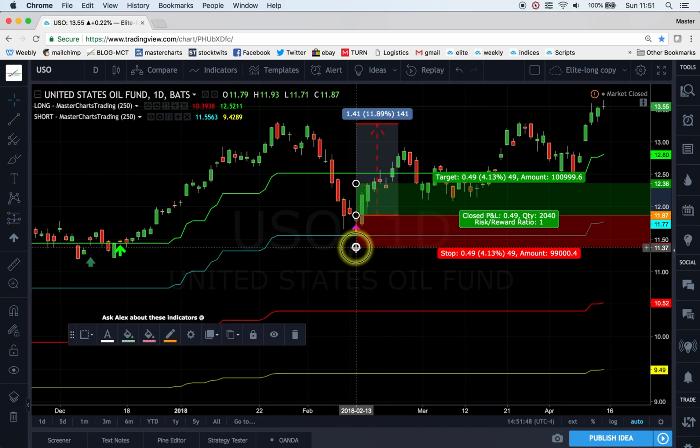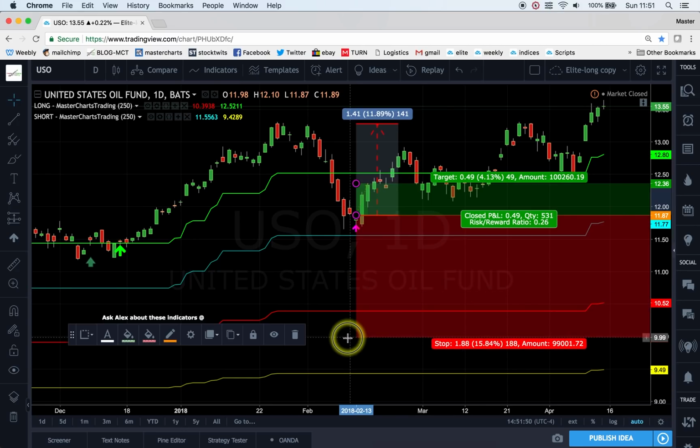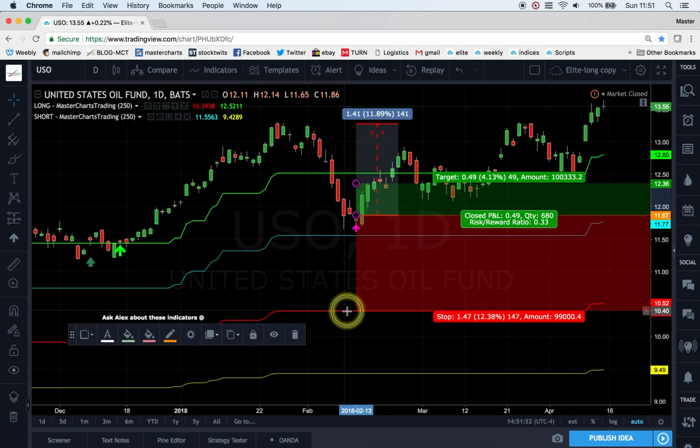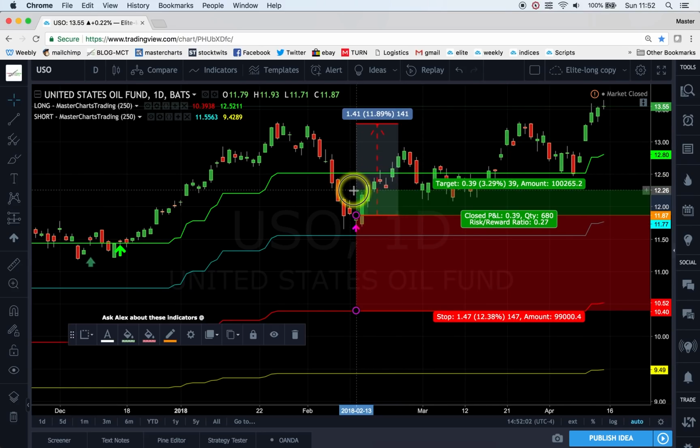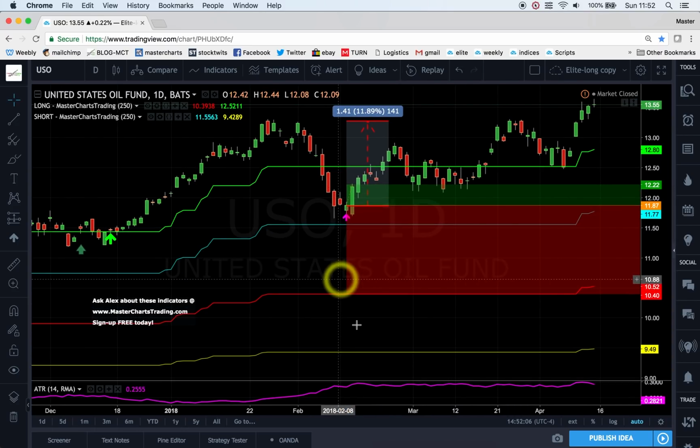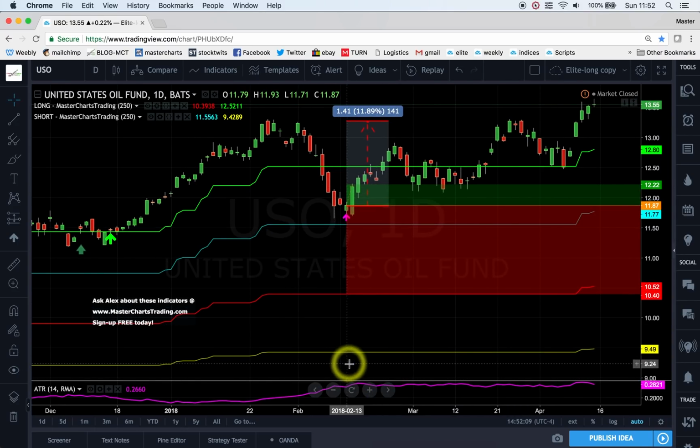So on this particular setup, usually I put my stop for commodities at the red line here, and then you can adjust your target. You can go further, or you can go closer in. It's up to you. Usually I give one average true range target, and you can see ATR is down below here.